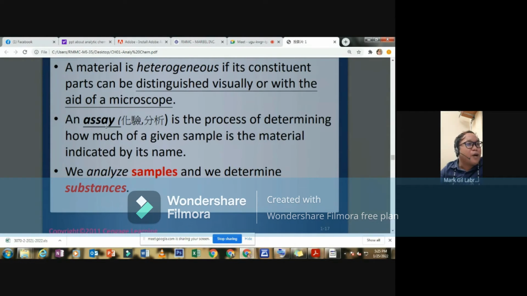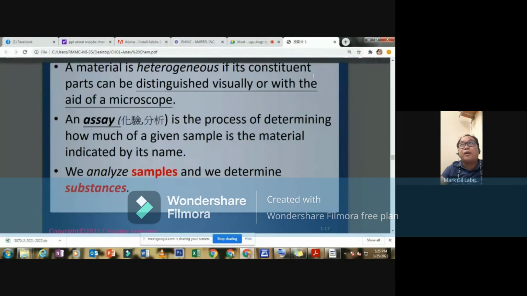Assay, meaning it is the process of determining how much of a given sample is the material indicated by its name. Meaning again, process of determining how much of a given sample is the material indicated by its name.